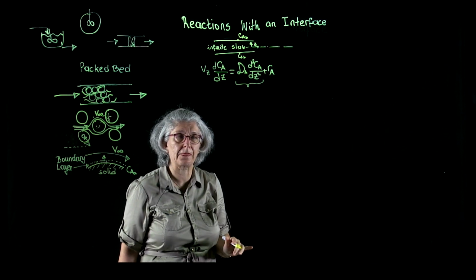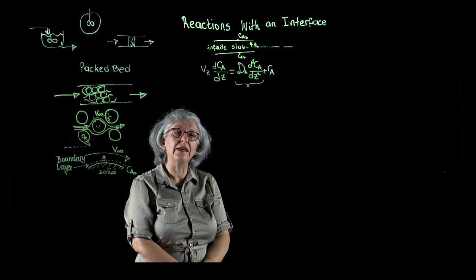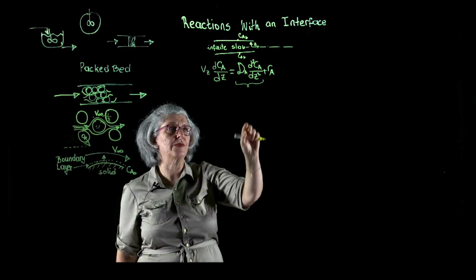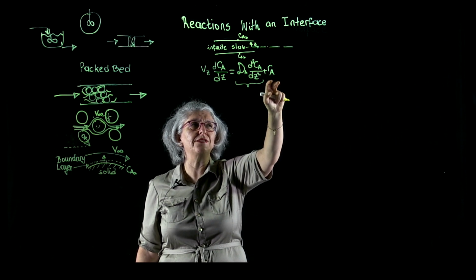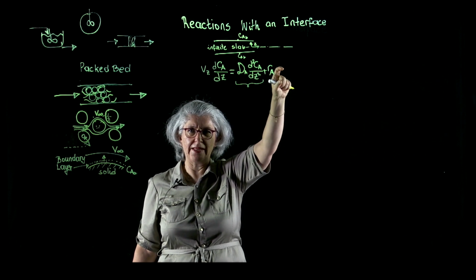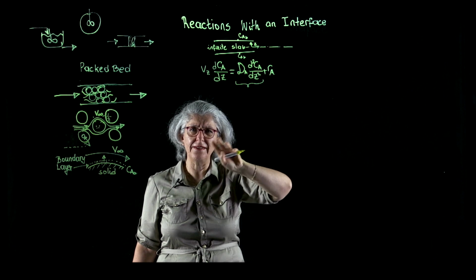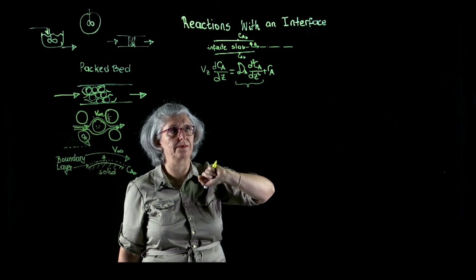So, one more time, if our reaction is slow, our rate expression appears in the balance equation. If our reaction is very fast, our rate is going to appear at the boundary condition.